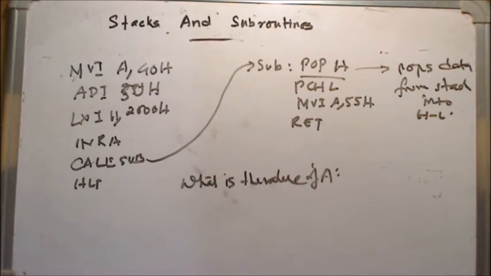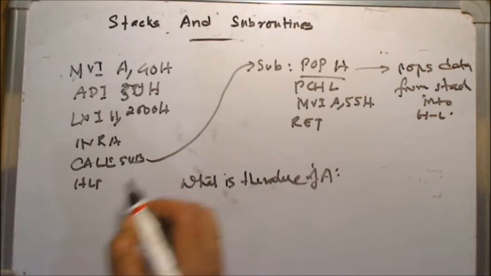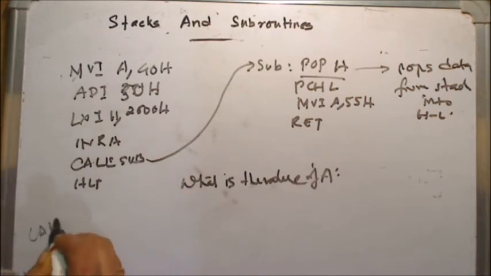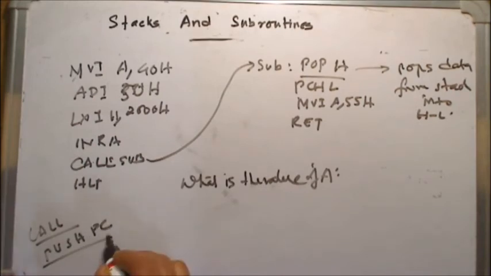Now remember, whenever we do a call, there is a push. The address of the next instruction, which was there in the PC, is pushed: a call does a push PC. Remember, when you are doing a call, it will push the PC so that the program can return to the next instruction.